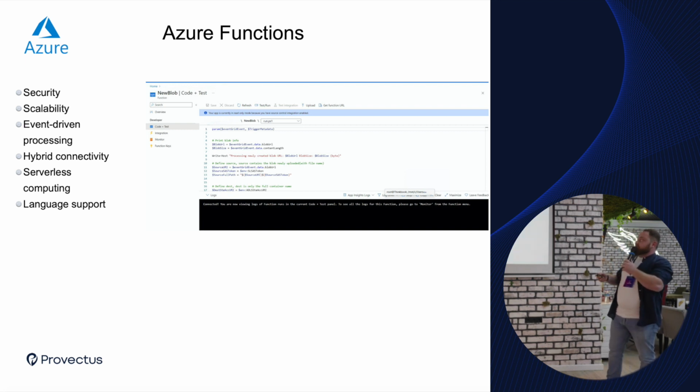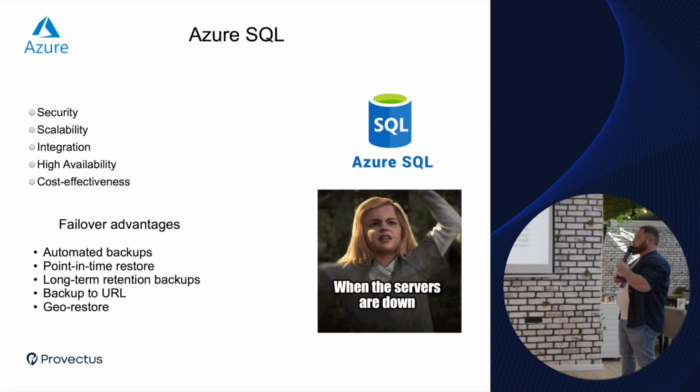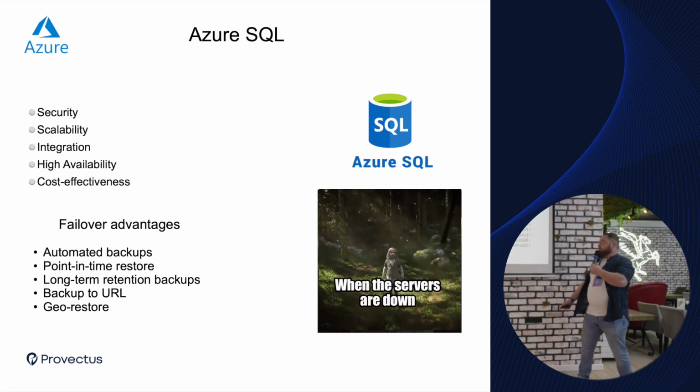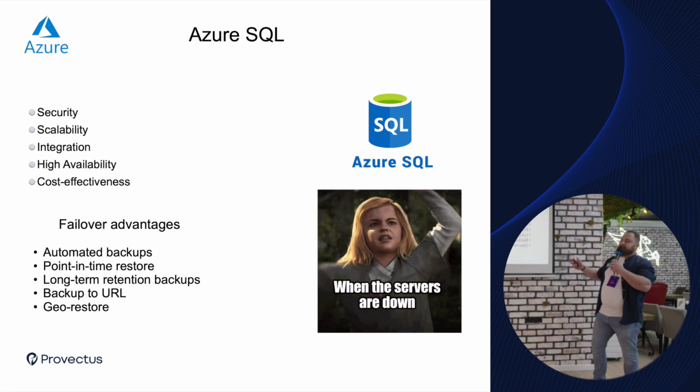And the most important part here is the high availability. Azure provides cool failover advantages for high availability. So you can see the automated backups. It's mandatory in Azure, and you can keep backups for 7 days or for 35 days, however you want.